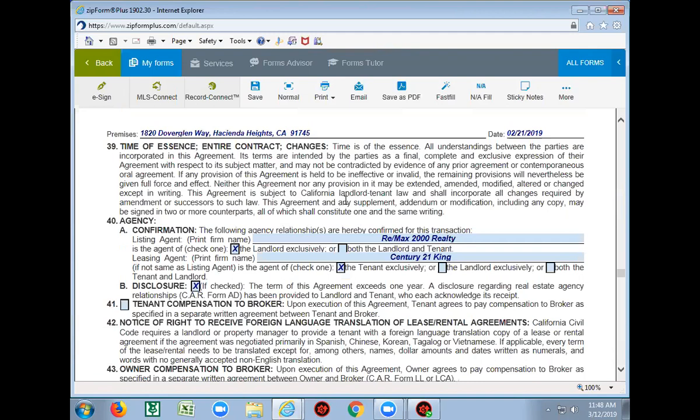Neither this agreement nor any provision in it may be extended, amended, modified, altered, or changed except in writing. This agreement is subject to the California landlord-tenant law and shall incorporate all changes required by amendment or successor of such law. This agreement and any supplement, addendum, or modification, including any copy, may be signed in two or more counterparts, all of which shall constitute one and the same writing.